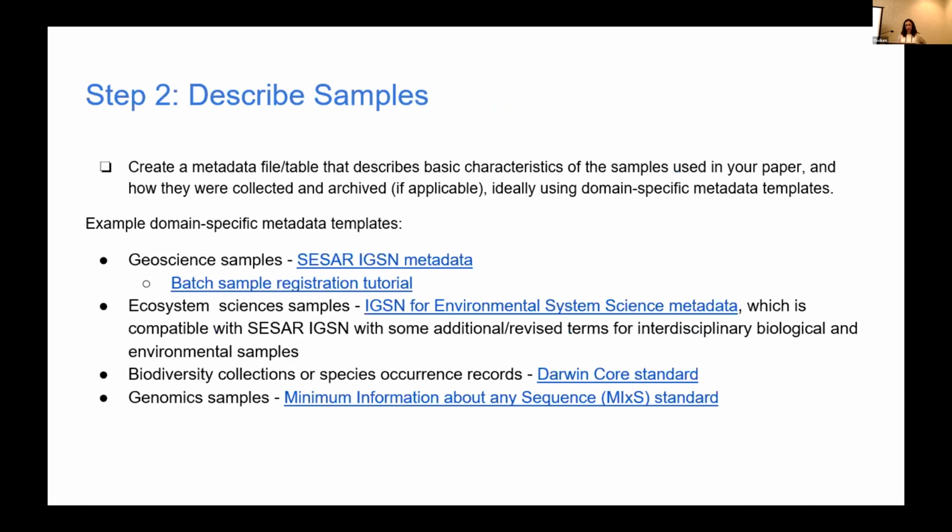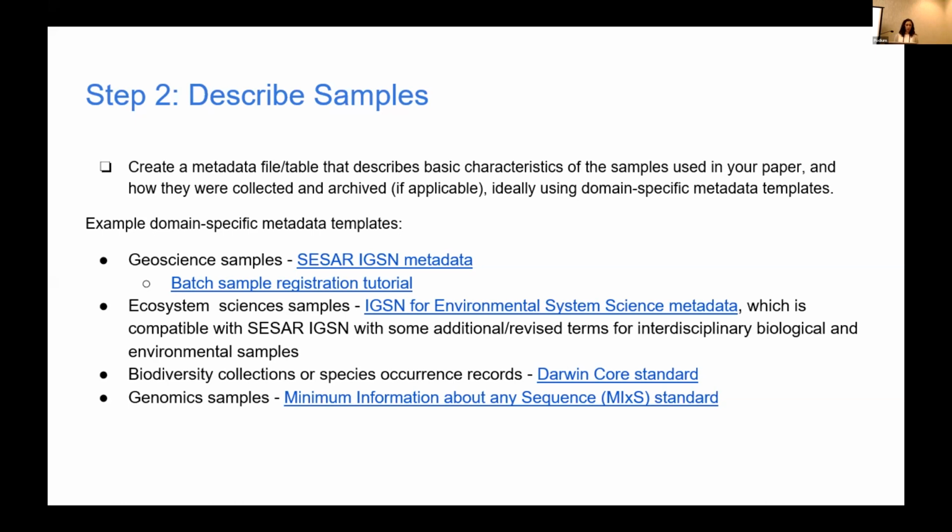So what to do here for describing samples is to create a standard metadata file or table in your paper that describes the basic characteristics of the samples that are used in the paper and how they were collected and archived, if they were archived. Ideally using a domain-specific metadata template. And we provide some examples here of domain-specific metadata templates.